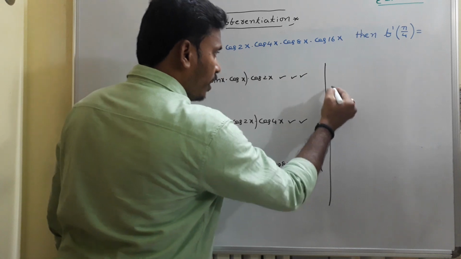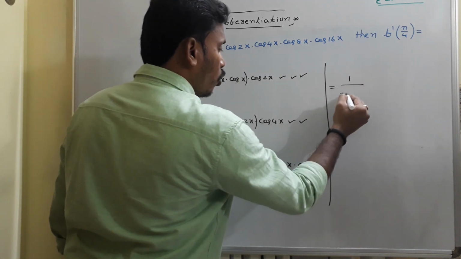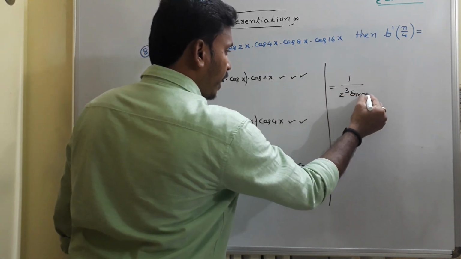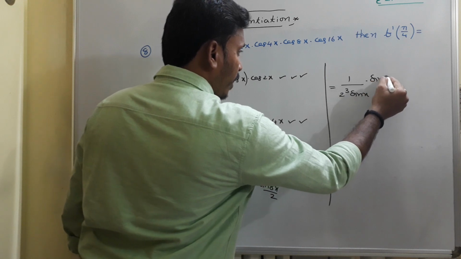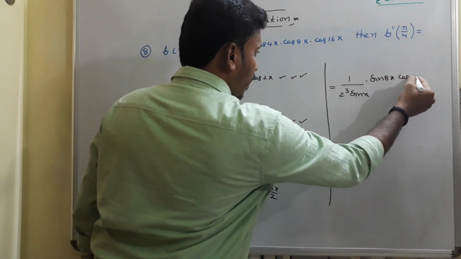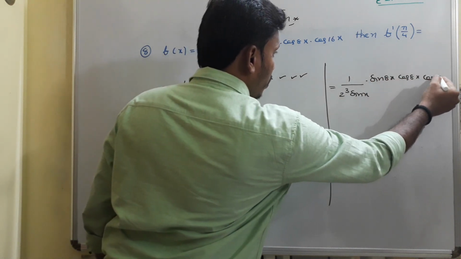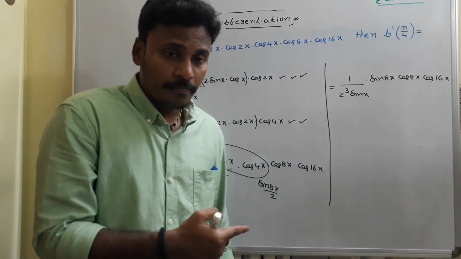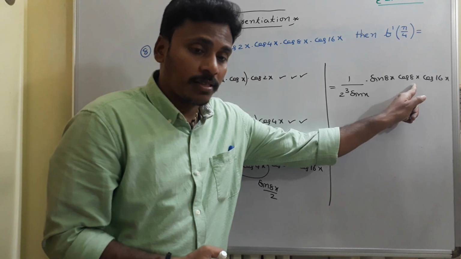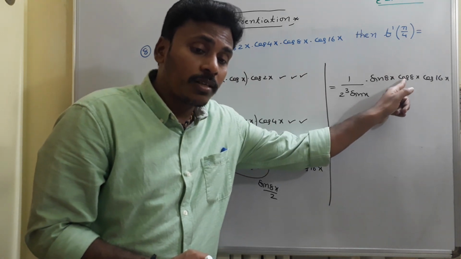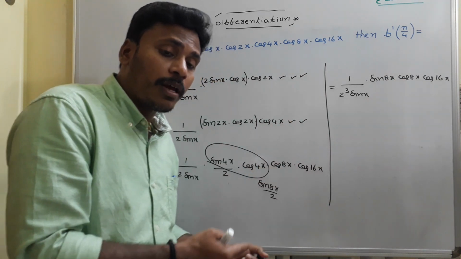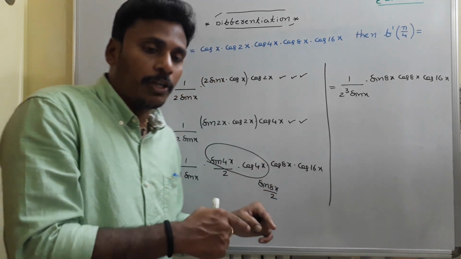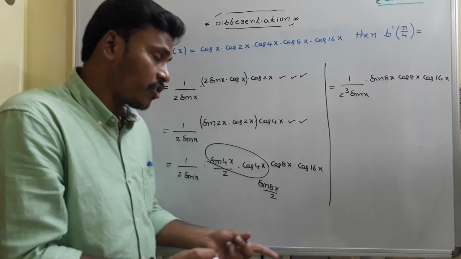So I have here 1 by 2 cube sin x into sin 8x cos 8x and cos 16x. Again think about the same formula. Here again sin theta into cos theta. Once again if you use the formula, it is sin 16x by 2. Sin 2 theta by 2, so sin 16x by 2.